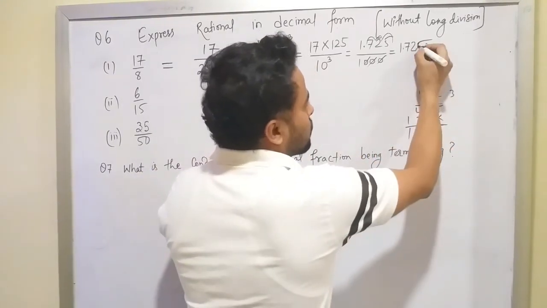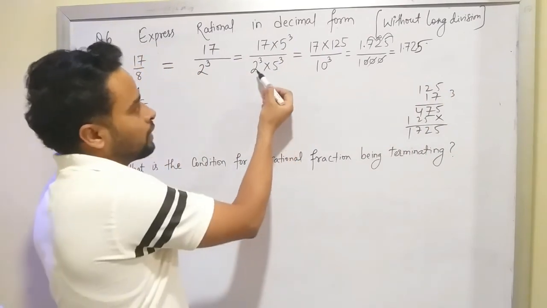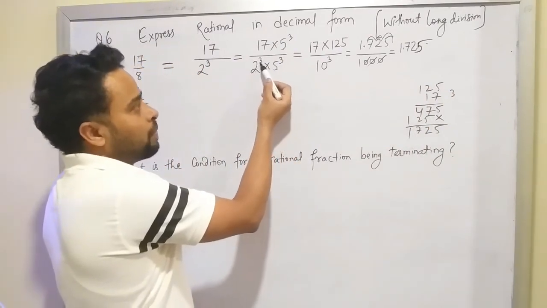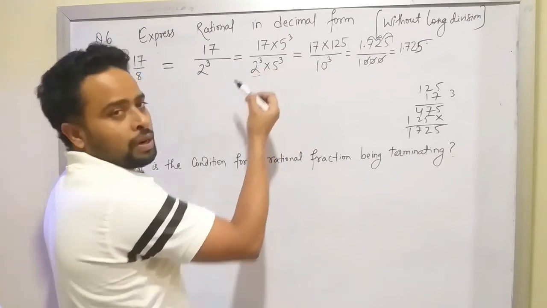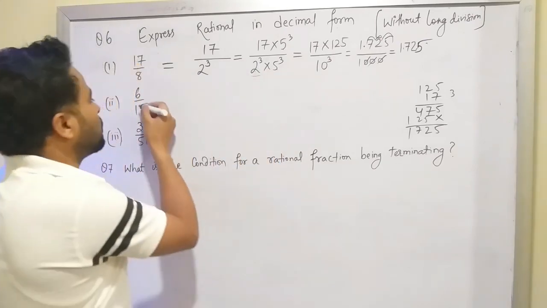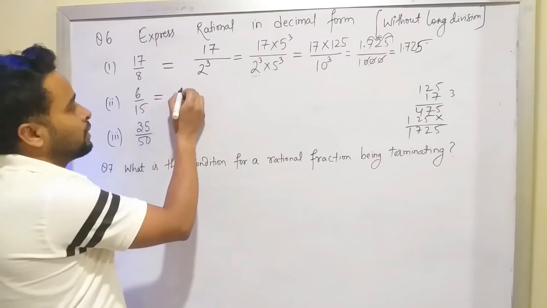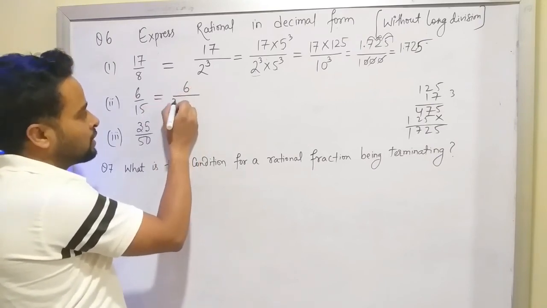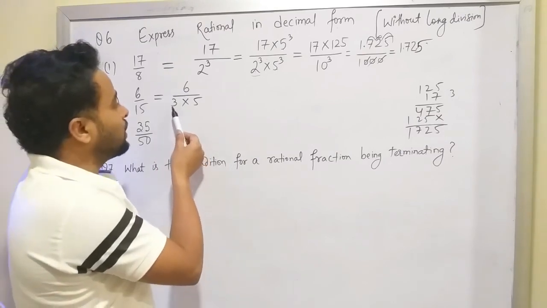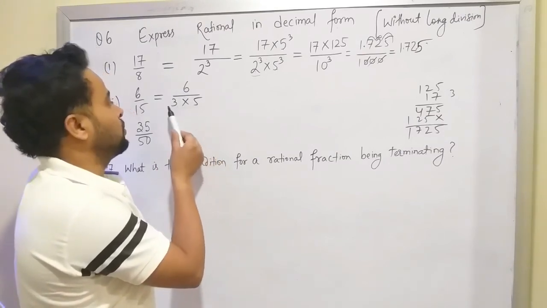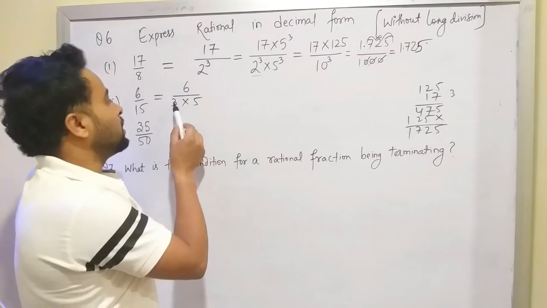1.725. So what we do is, we import that many powers of prime 5, whatever is the power of 2. Remember, here also 6 by 15. First of all, write 6 as 2 into 3, and 15 is 3 into 5. Now you have factors other than 2 and 5, so let us remove 3.